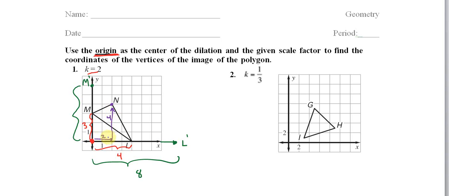If I'm dilating by a factor of 2, then my new point will simply be twice these original distances. So instead of going 2 over, I'm going to go 4 over. And instead of going 4 up, I'm going to go 8 up. So up here is where N prime will be located.